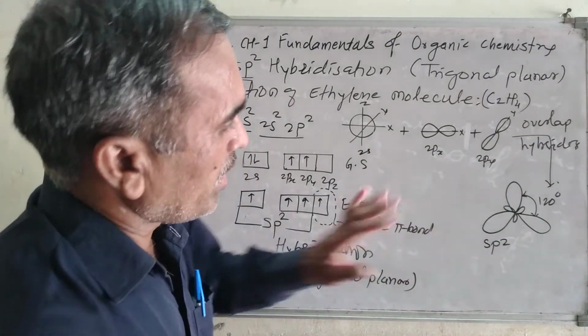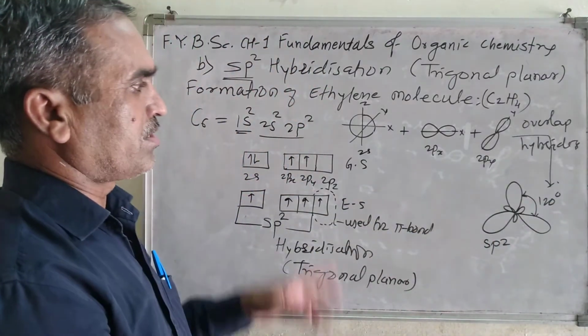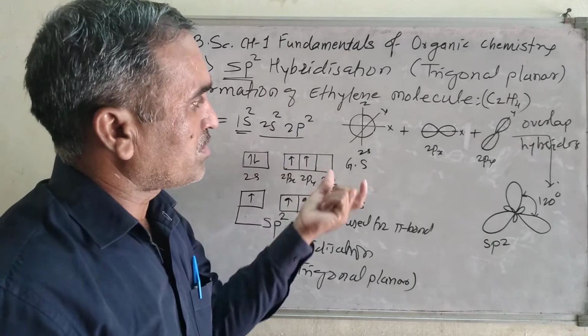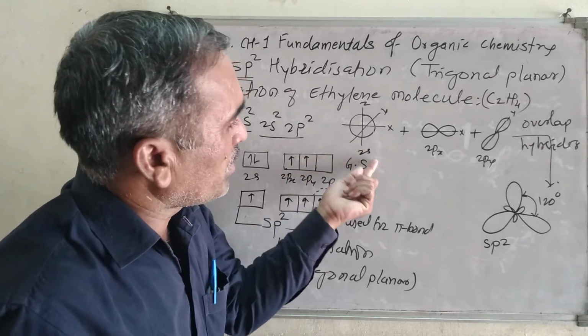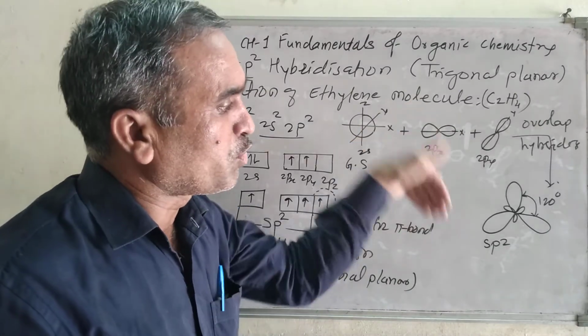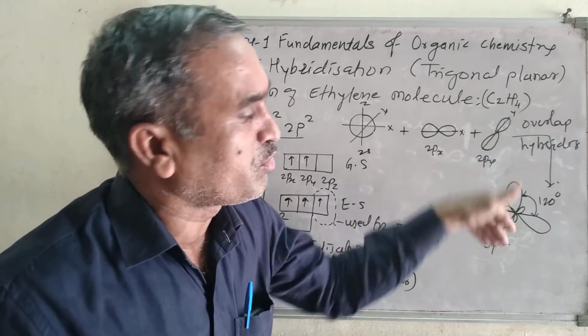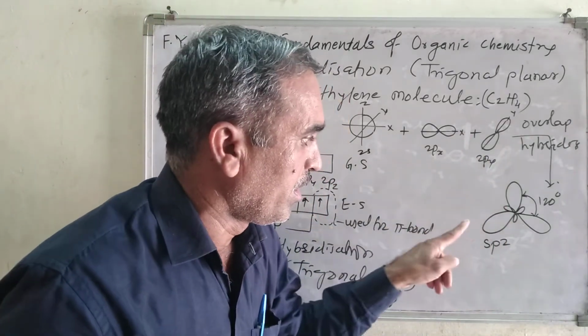Now look, this is 3 sp2 hybridization, according to which mixing the 2s orbital and the 2p orbitals together, we get 3 sp2 hybrid orbitals. How many are there?